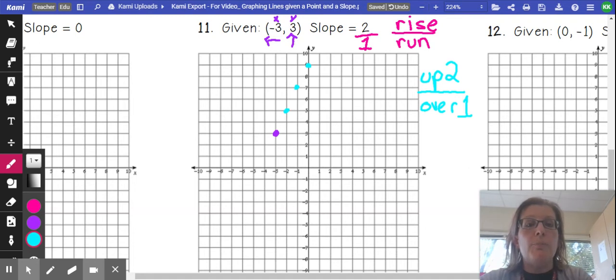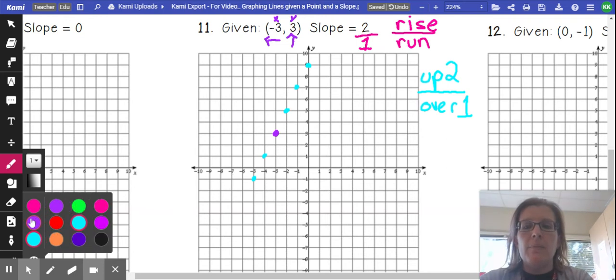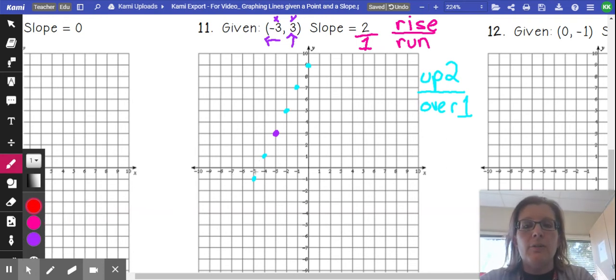This also works backwards. It could also go down 2 and back 1, because that's the same thing as up 2 and over 1. So it could go down 2 and back 1, and it will still be the same line because it's still those same triangles. It's still the stair steps that make the slope.